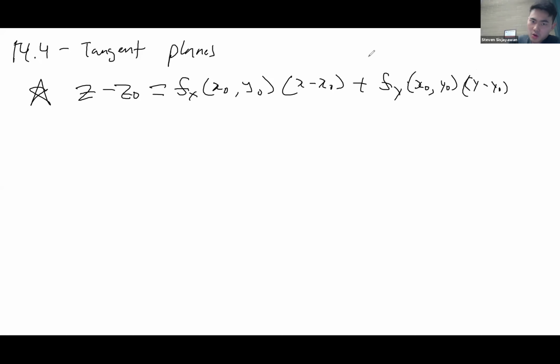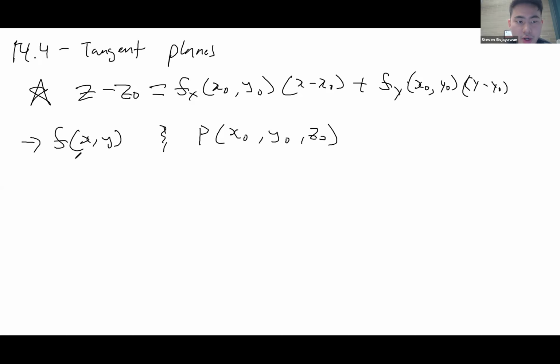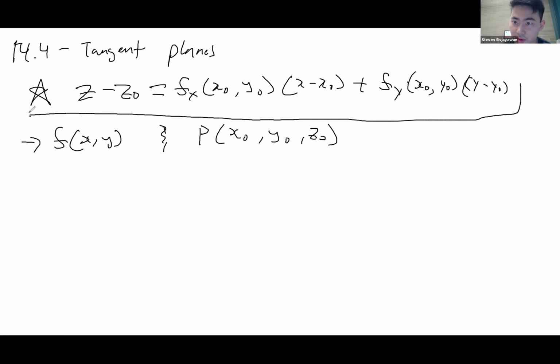So assuming we're given a surface f of (x, y), and we're given a point (x naught, y naught, z naught), the tangent plane of this surface is going to be given by this formula right here.